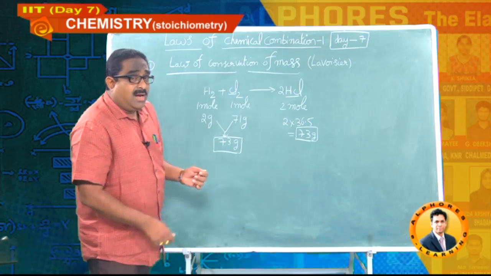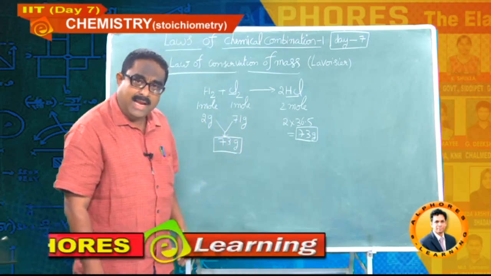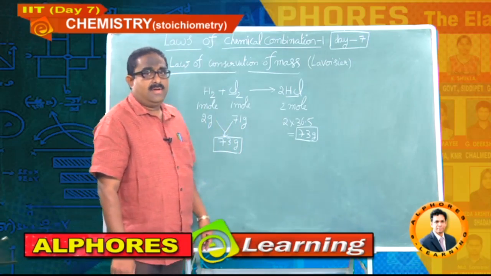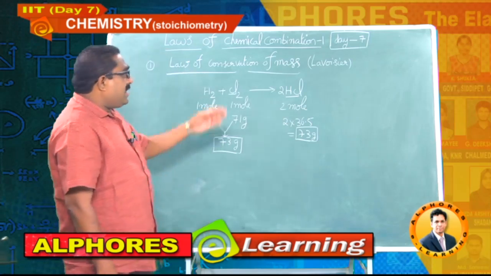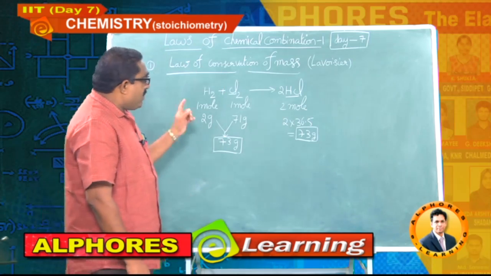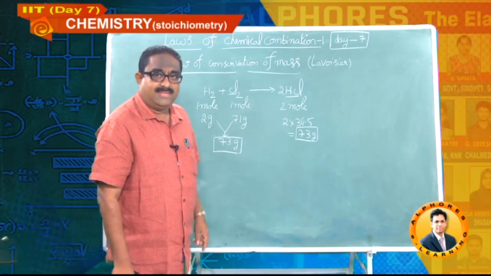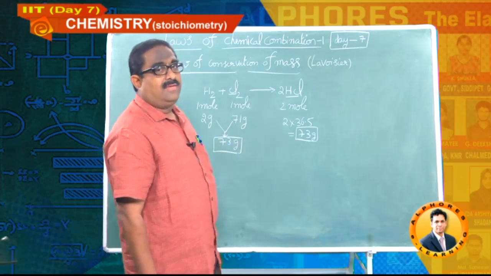And just like chemical reactions, we also have nuclear reactions. Both are different. This law of conservation of mass is strictly applicable only to chemical reactions, but not to nuclear reactions.